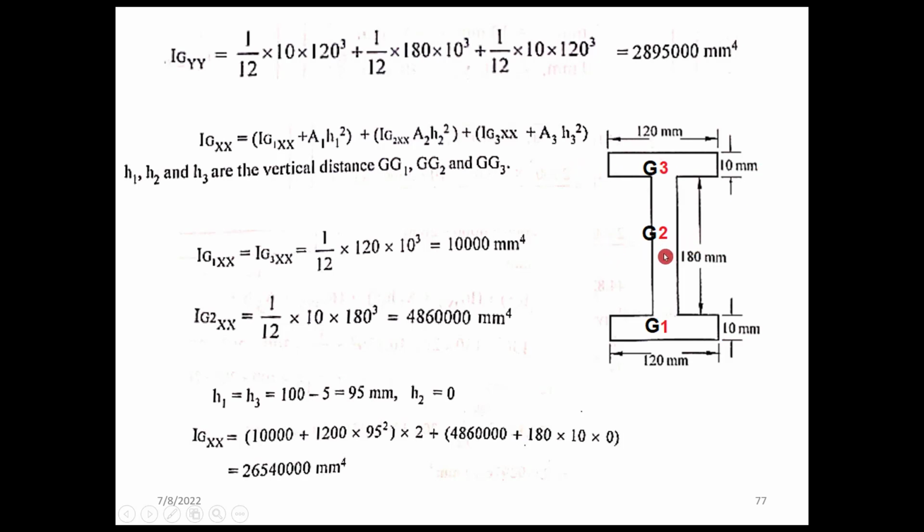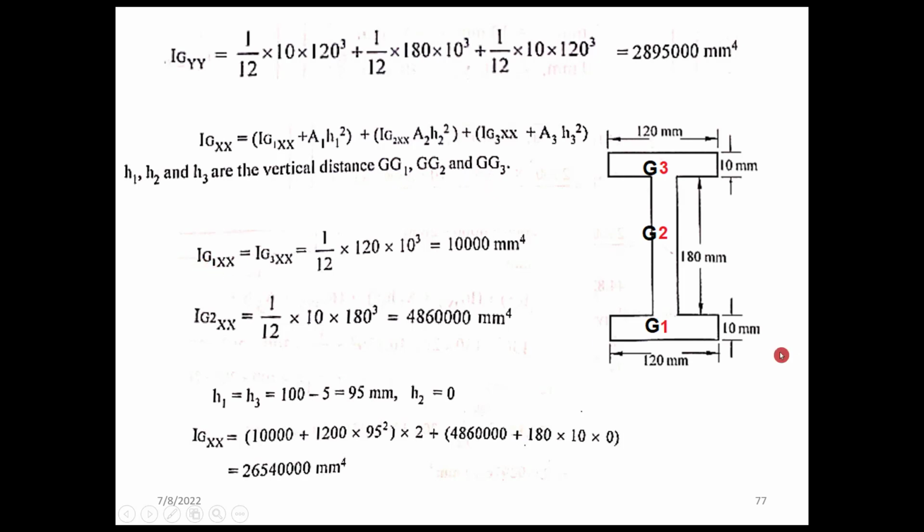But for the IG x axis, the individual centroidal axis of G1 will pass through this point, G2 will be through this point, and G3 will be this point. Okay, we will do that. So IGXX is equal to IG1XX, the individual moment of inertia of this area 1, plus A1 H1 square, plus IG2XX plus A2 H2 square, plus IG3XX plus A3 H3 square. H1, H2, H3 are the vertical distances of G1, G2, and G3.